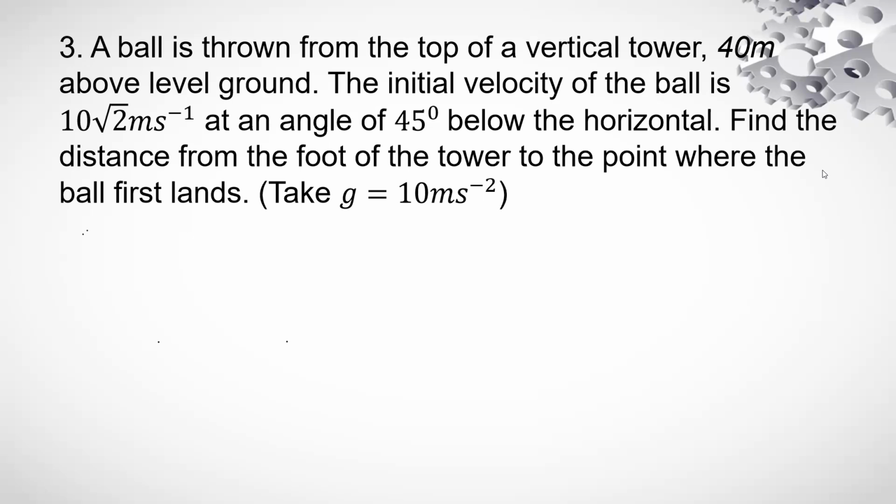Find the distance from the foot of the tower to the point where the ball first lands. You can also do this, but there is something you have to notice about this one. It says below the horizontal. So take keen note of that idea. That's the third.